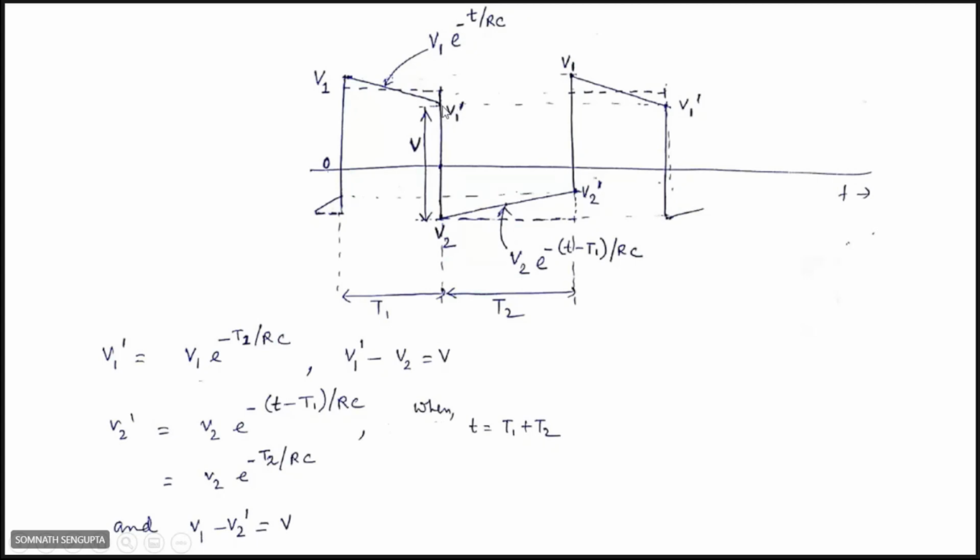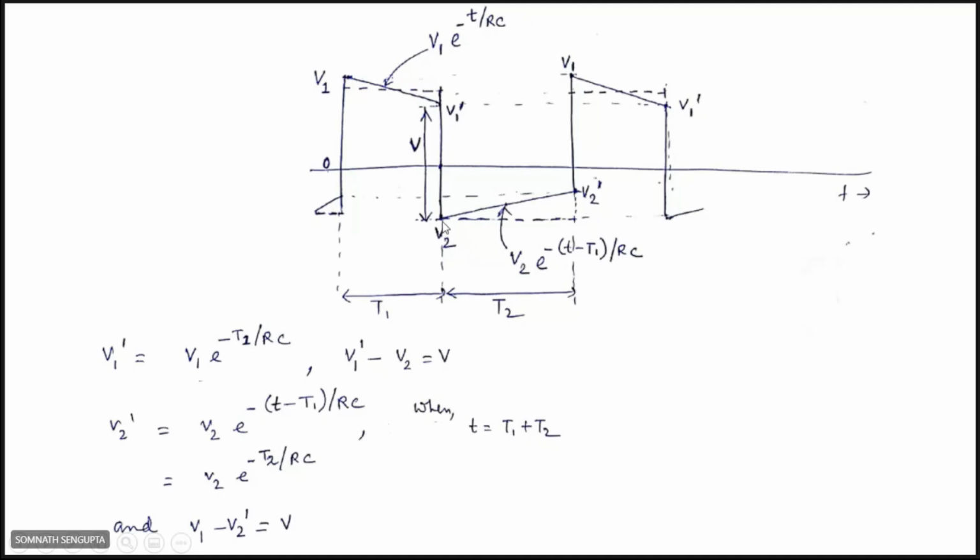This is one equation. Another equation is V1 dash minus V2 would be equal to V, that is the sudden change in the input V. That will be reflected in the output by the same amount. So that is V1 dash minus V2.